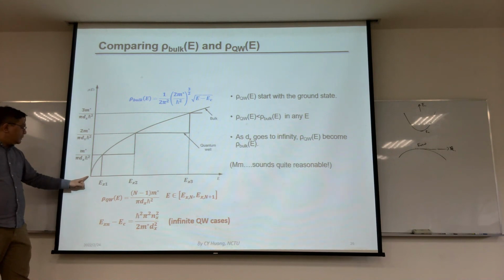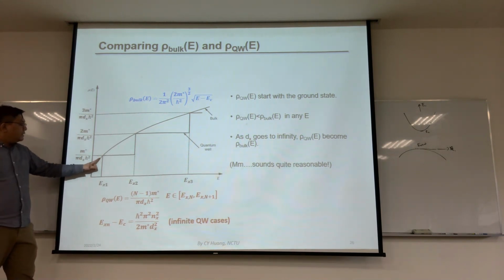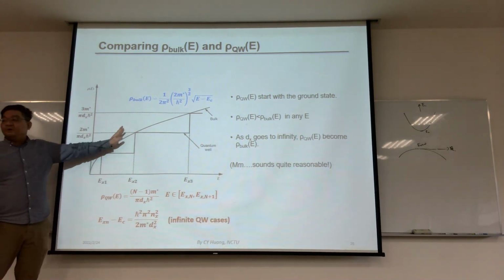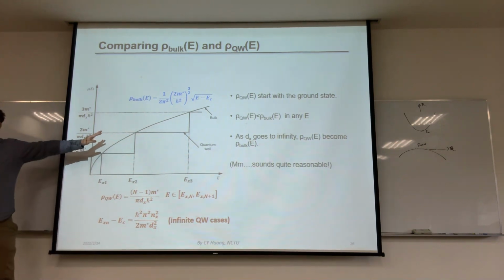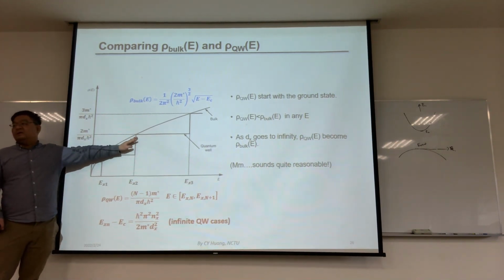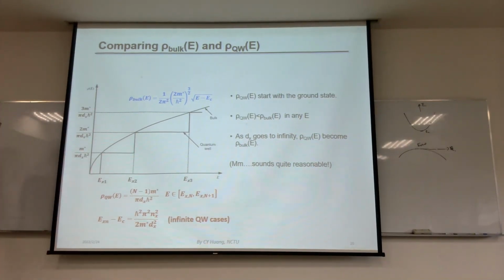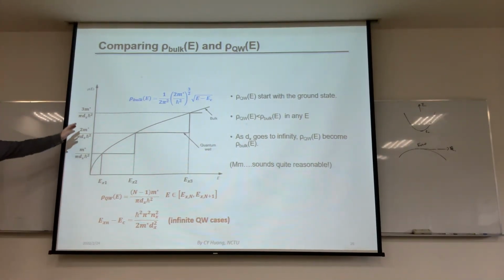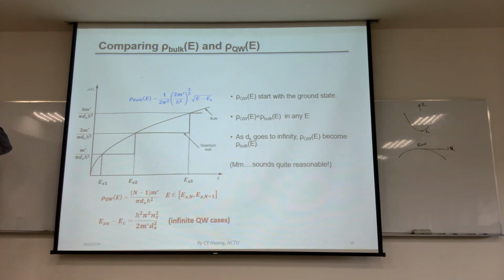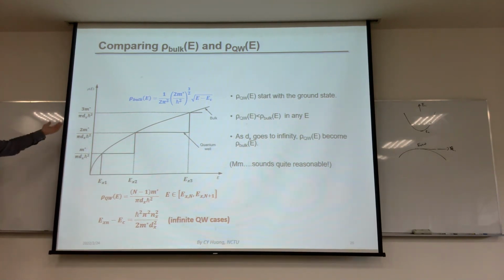It will start here, then eventually merge to the density of states in the 3D case. So that means this should be consistent. We want that to be in a reasonable phase. These two, the bulk case and the quantum well, are actually the same thing.